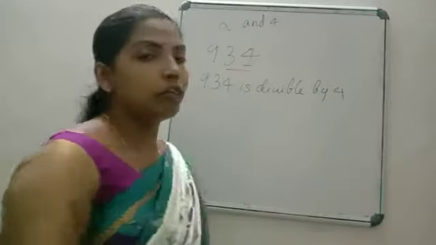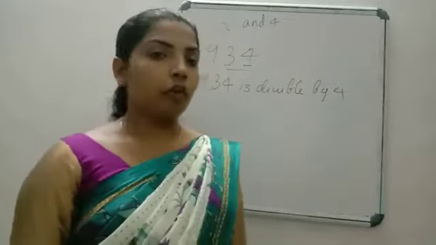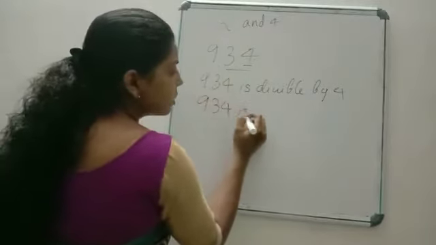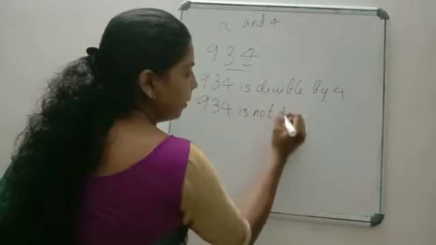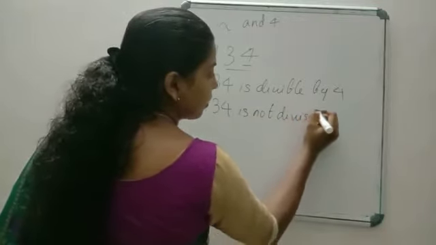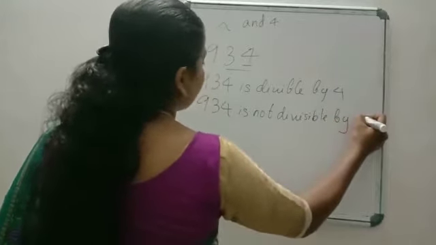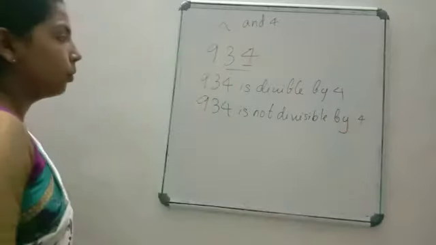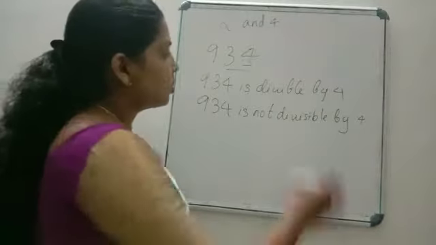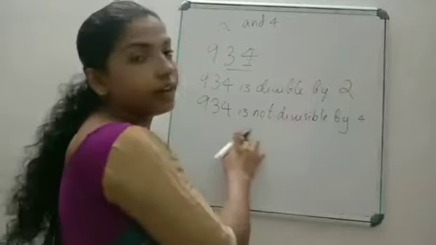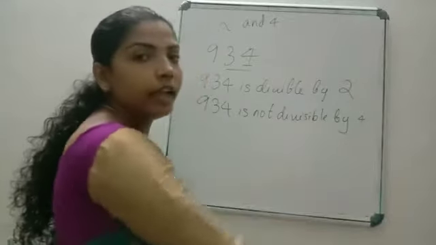So, it is 34. It is not divisible by 4. So, we can say that 934 is divisible by 2 and 934 is not divisible by 4.